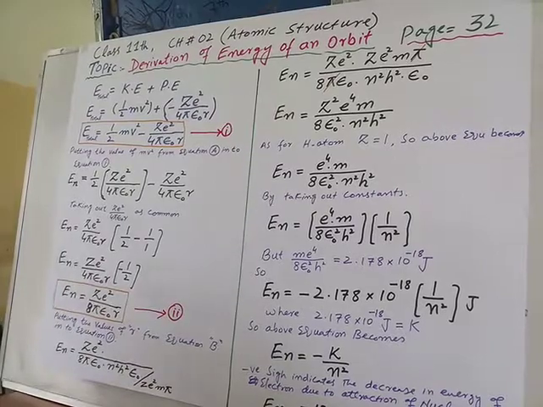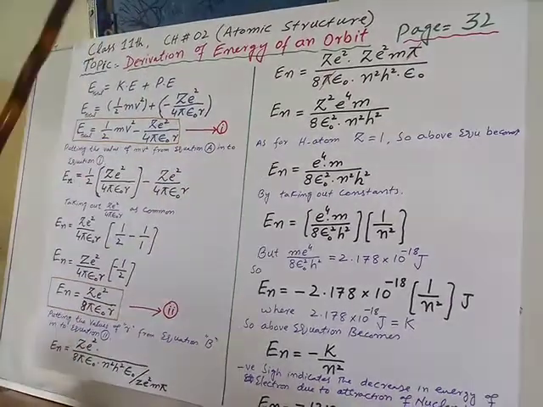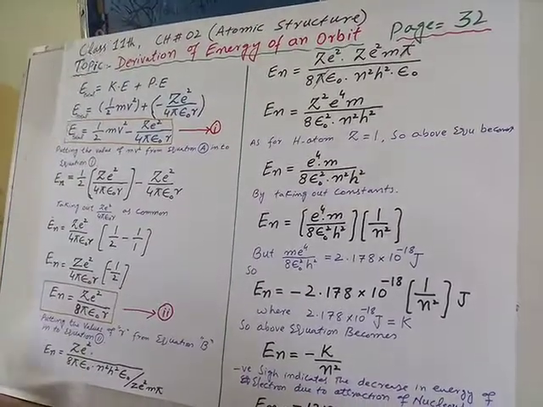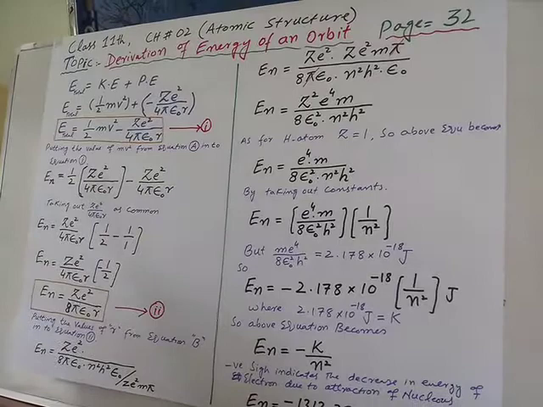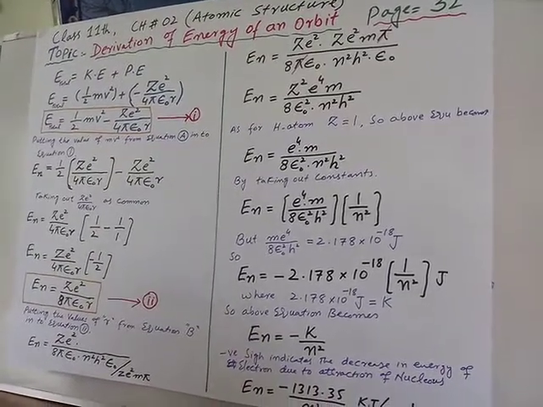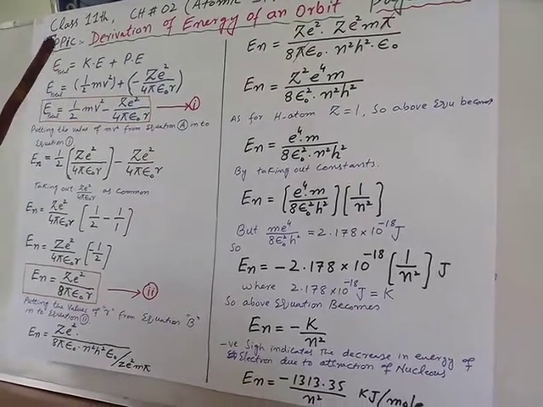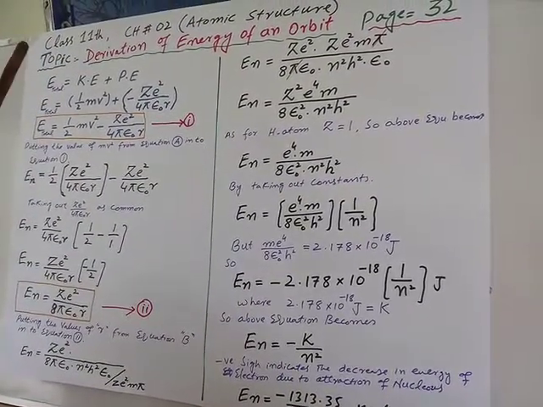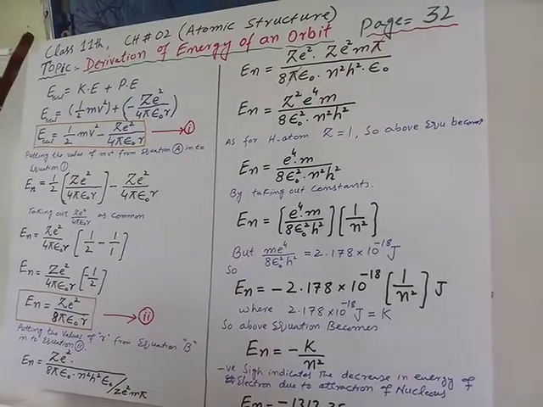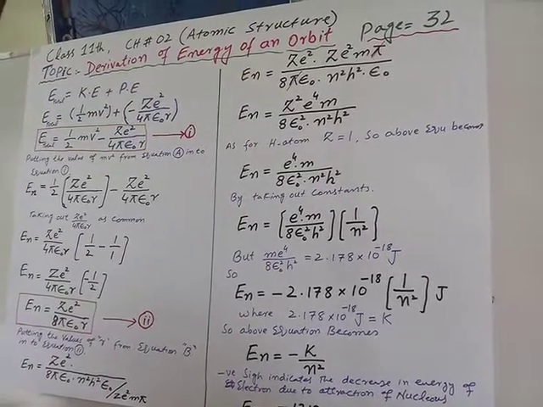So remember that this is the energy of an orbit, but actually it is the energy of the electron in an orbit. You know, the electron is not stationary, it is continuously revolving around the nucleus in a fixed orbit according to the Bohr atomic model. As the electron is moving, and the energy carried by a moving body is kinetic energy, the energy of the electron is twofold.